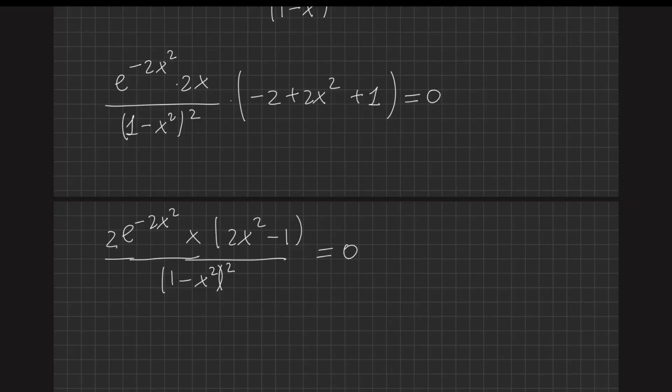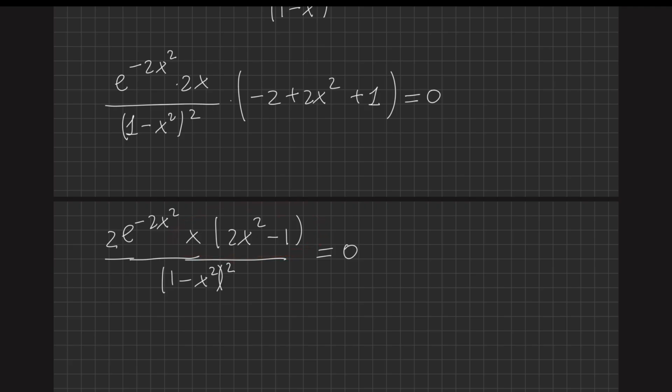A fraction is equal to 0 when the numerator is equal to 0, and in the numerator we have this exponential that is never going to be 0, which means that the only term that can be equal to 0 is this polynomial.